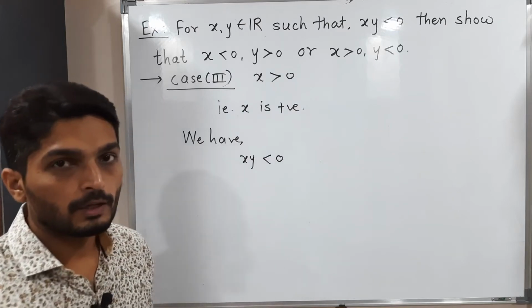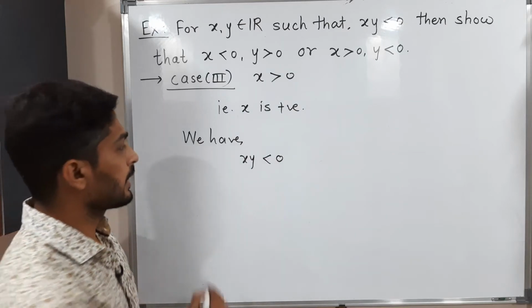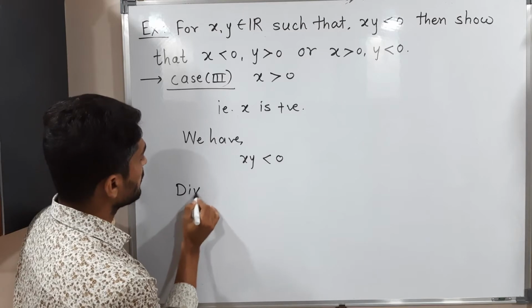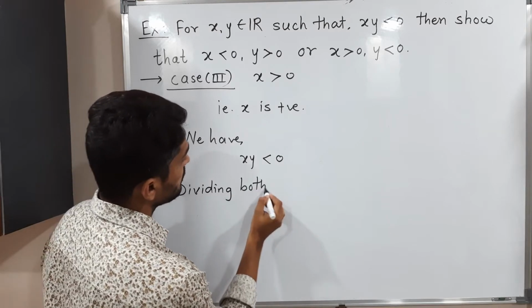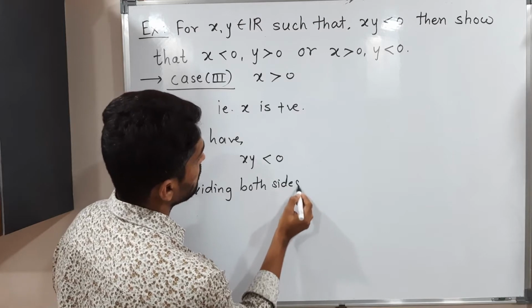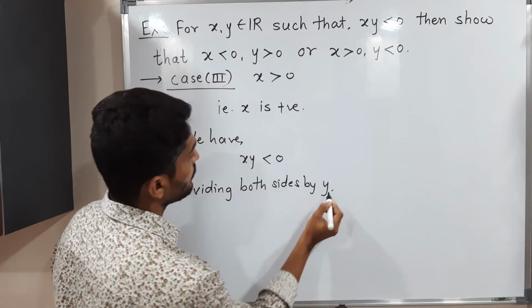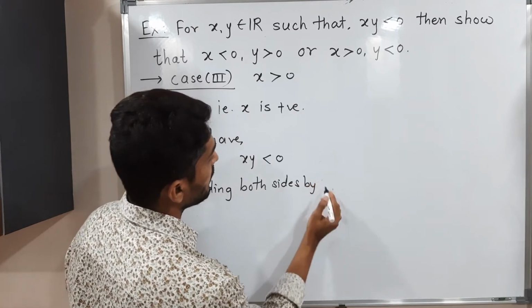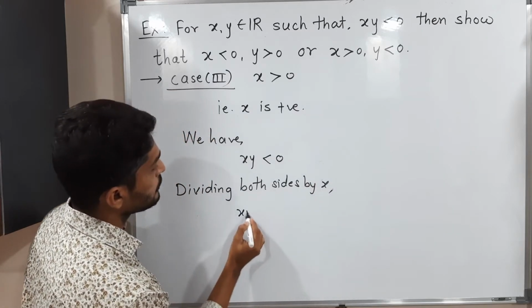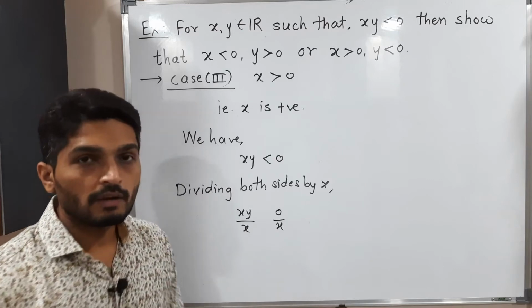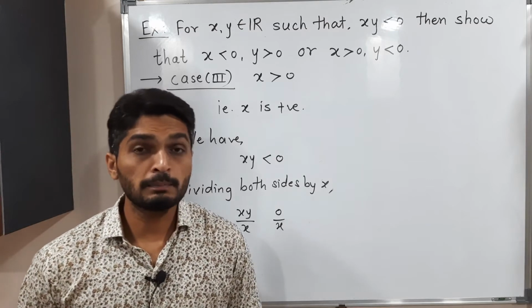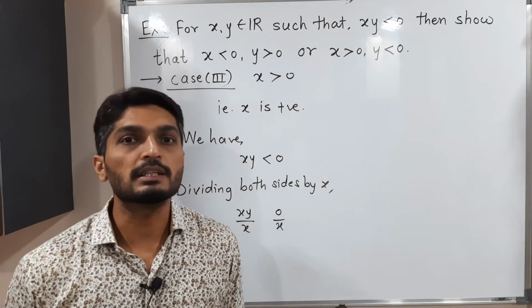What I am going to do, I am going to divide both sides by y. So, sorry, both sides by x. See what will happen? xy upon x and 0 upon x. See, when you divide or when you multiply by any positive number, we will have the same inequality.